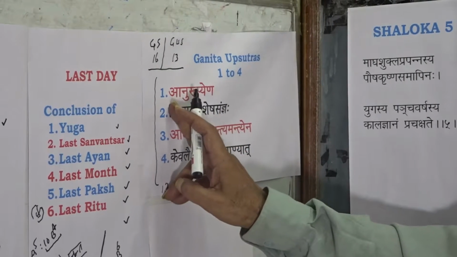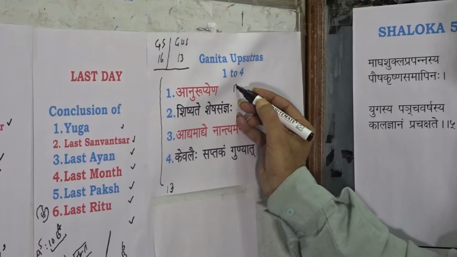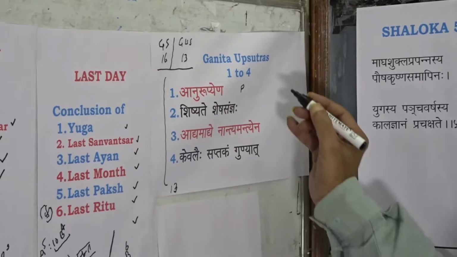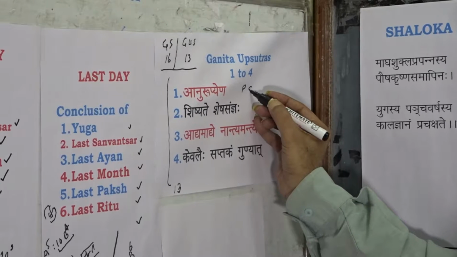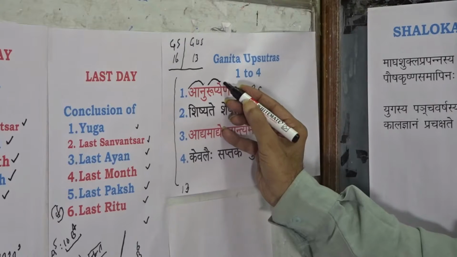The first sutra is Anurupye, which amounts to proportionate. This is proportionality of a symmetry. It is a symmetry of the form: follow the form as it is.